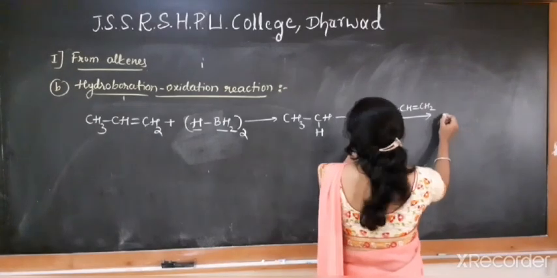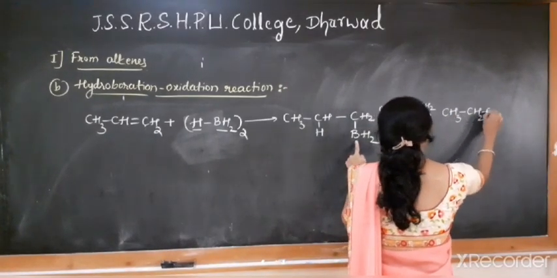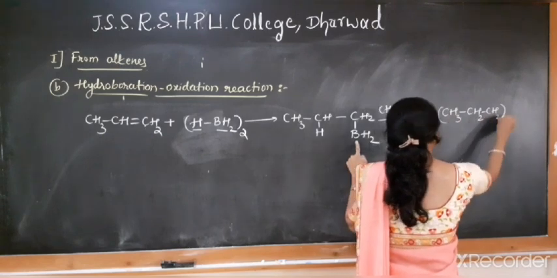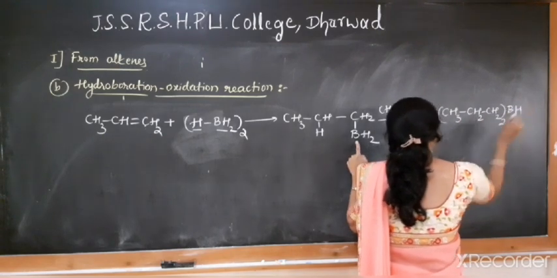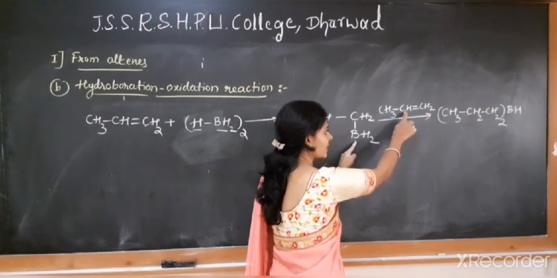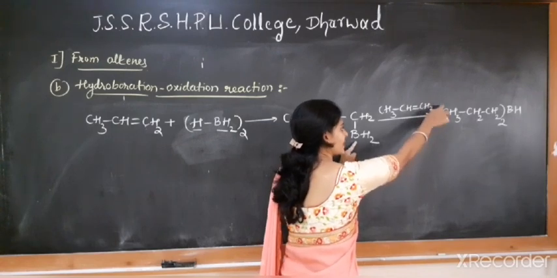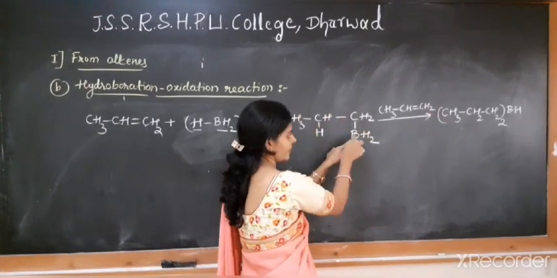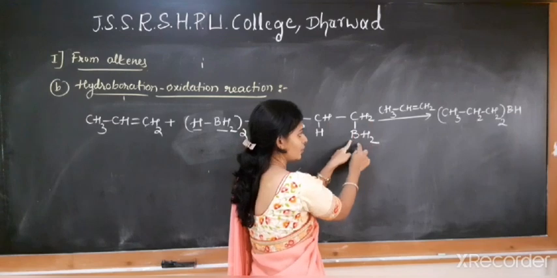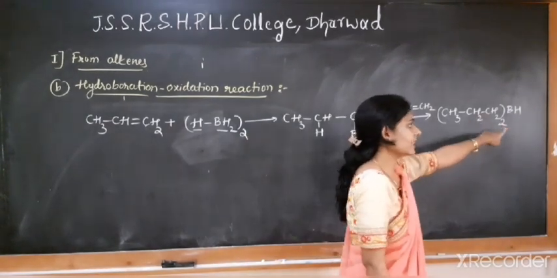So what we are getting as a product, we get here CH3, CH2, CH2 twice BH. One hydrogen goes and attacks the CH, so it becomes CH2. Now this is single bond, then CH2, which is connected to this moiety, that is CH3, CH2, CH2, BH. Okay. So like this we get now dialkyl borane.